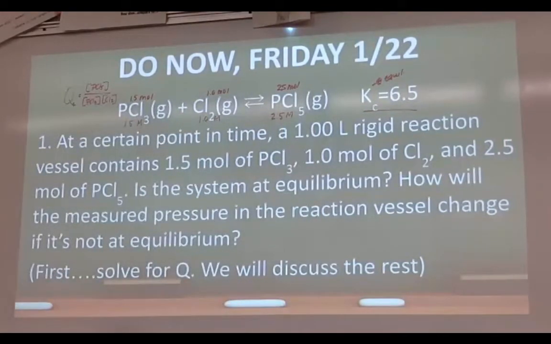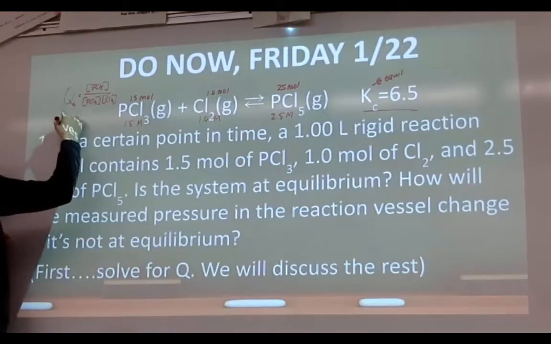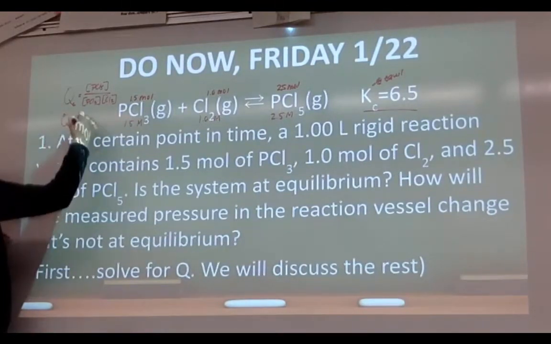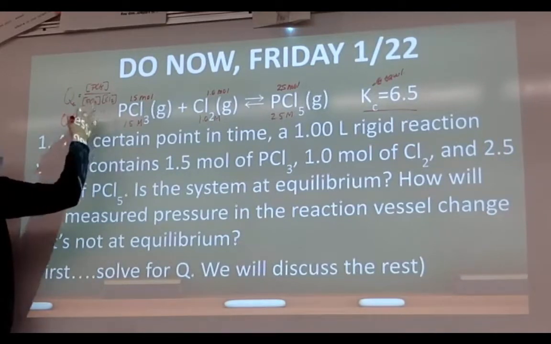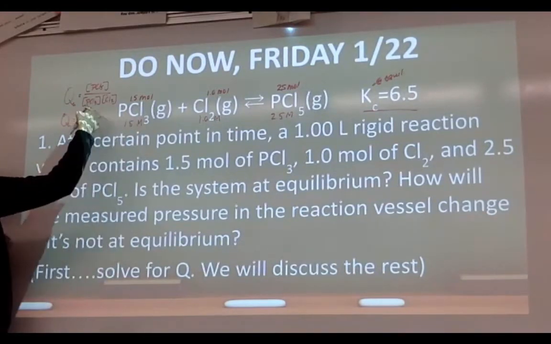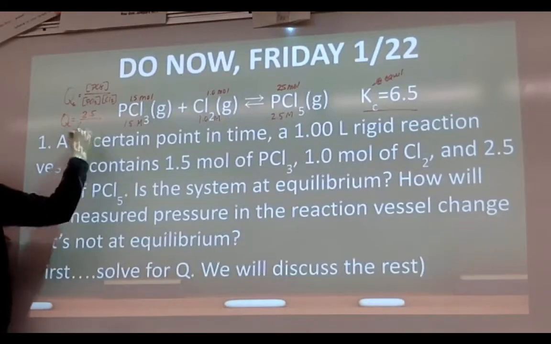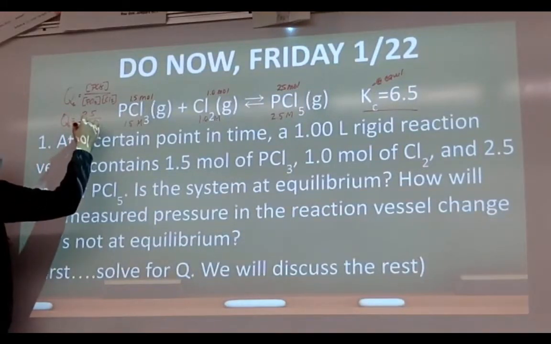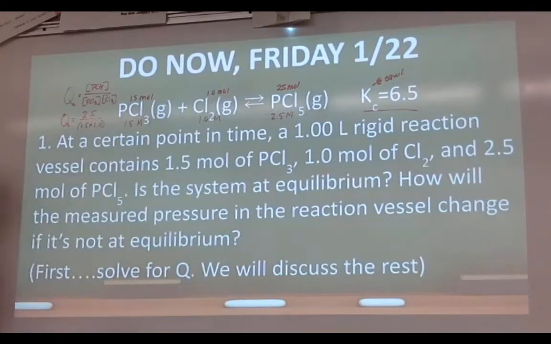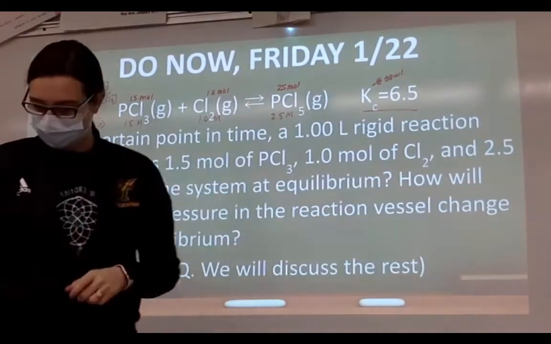So if I solve for Qc, I have 2.5, the concentration of PCl5, divided by 1.5 times 1. So really it's 2.5 divided by 1.5.